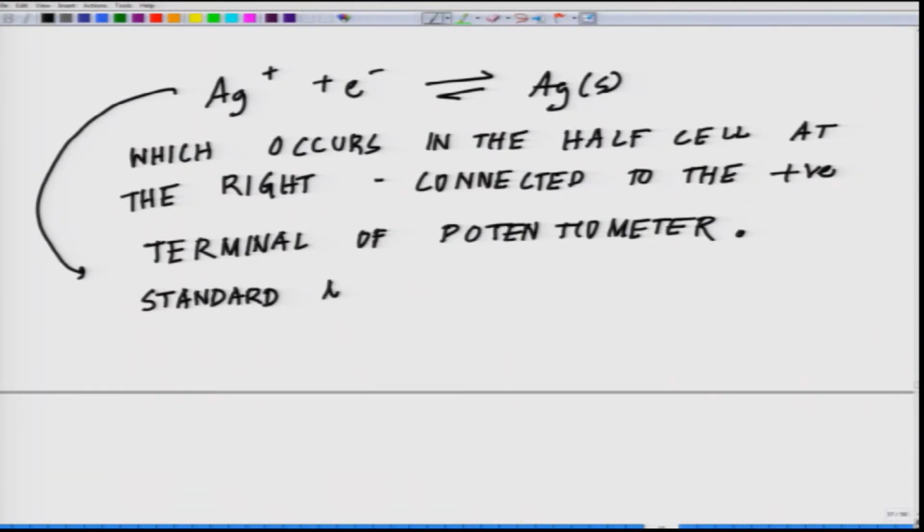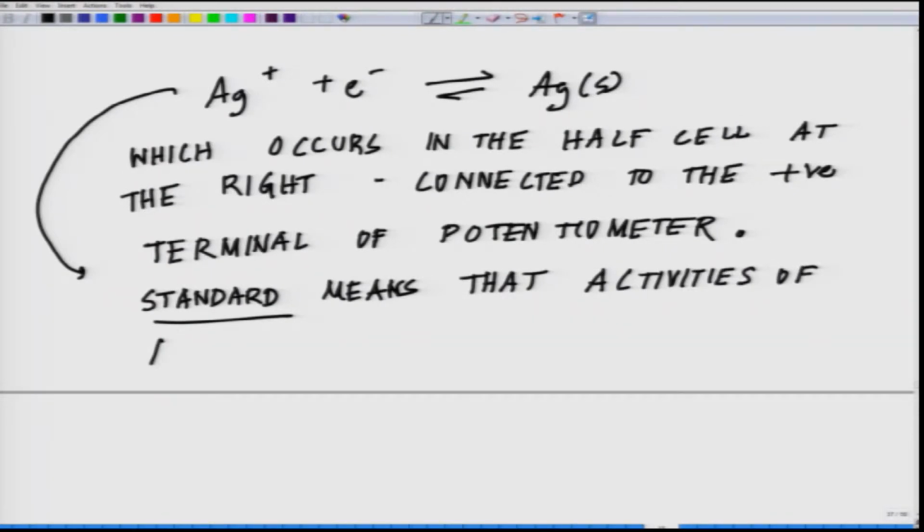When we talk about standard potential, we have to say what standard means. Potential we have already defined. Standard means that activities of all species are unity, or 1.